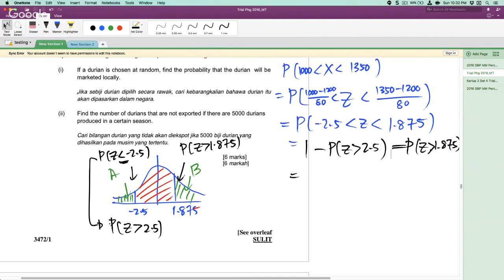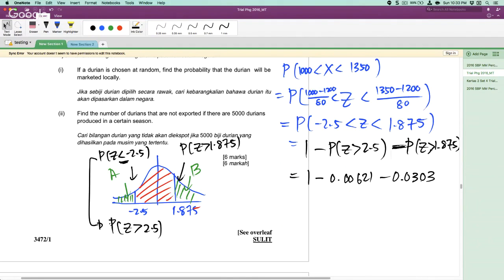Of course, I will find the Z value table. I hope it's somewhere here. Okay, it's over here. Then I will find the 2.5. Basically the value is very, very small. It's basically 0.00. You will see the 0 square there, meaning 0.0621. And then we minus again for 1.875, which should be 0.0303.